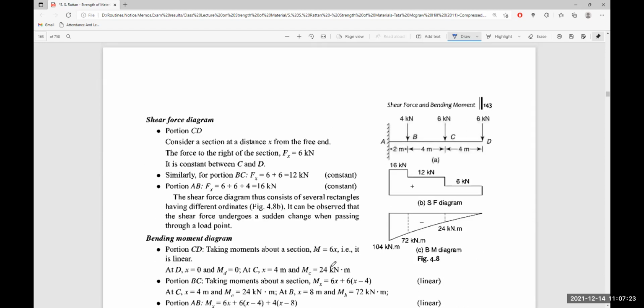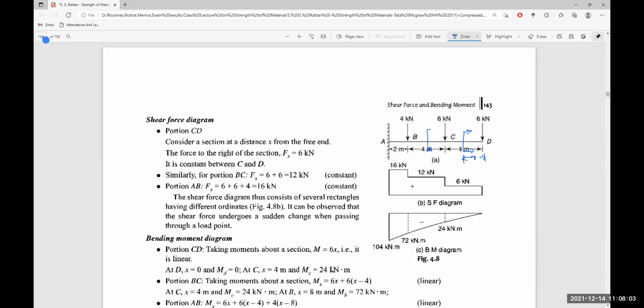let us go through the section. Let us consider a section at a distance x from the free end C. The force to the right of the section is only 6 kN, and this is constant between C and D. If we take another section between D and B, the force to the right of the section is 6 plus 6, that is 12 kN.